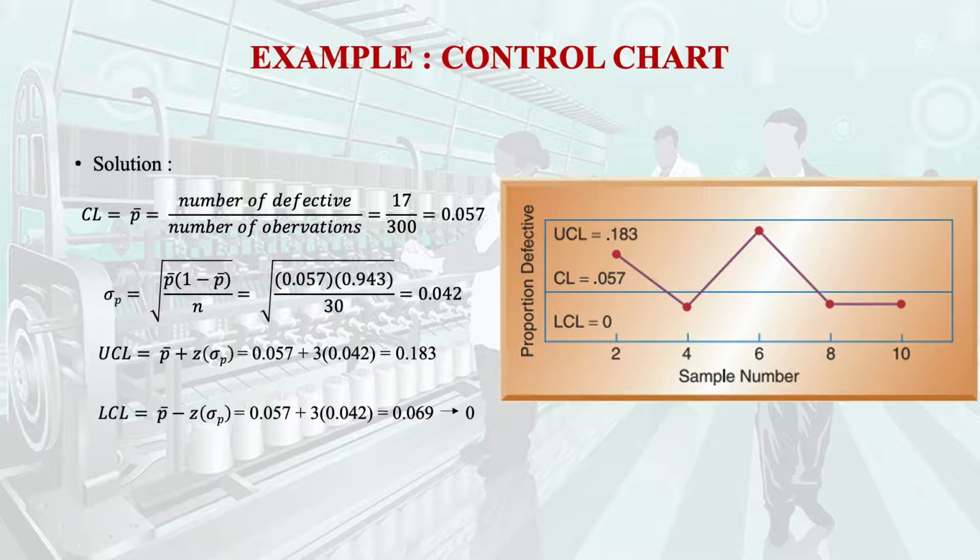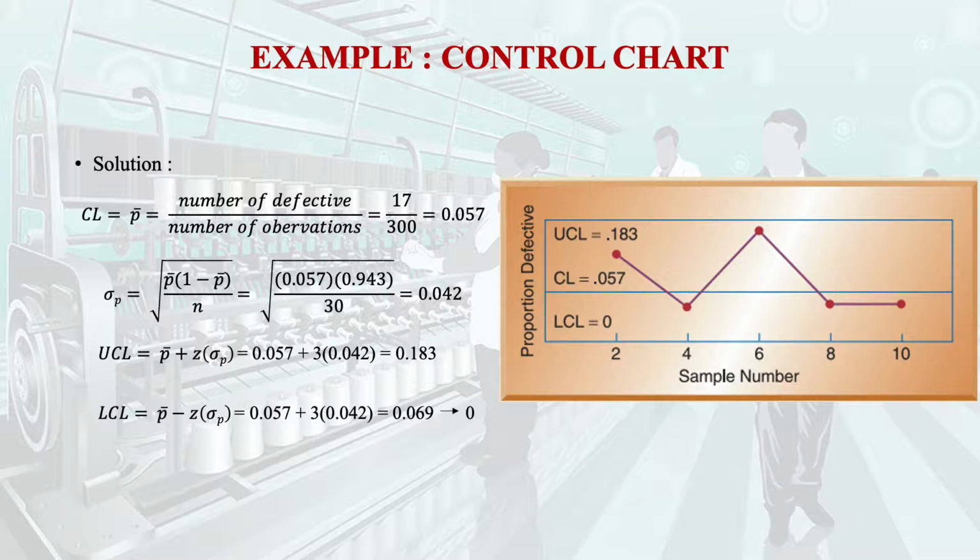That means even though you are getting defectives, the process is under control. There is nothing to worry about the defectives. The defects are coming because of random errors.